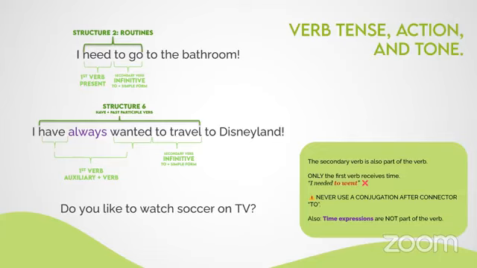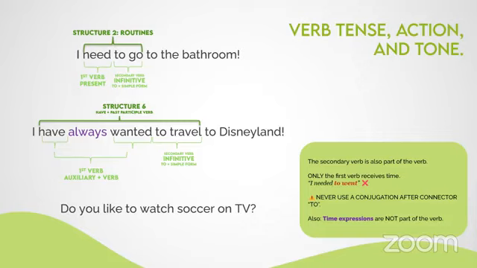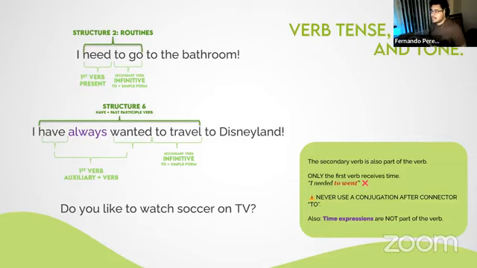Only like to watch. And what happened to the auxiliary? Transform in past. Why transform? We are only detecting the verb. Only. We are not gossiping in this moment. We are looking for the verb.